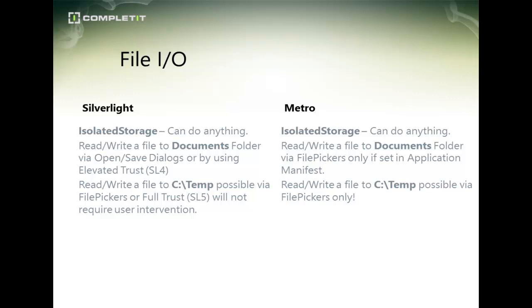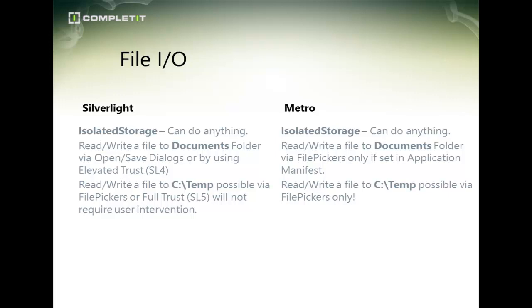In a Metro application, you can read and write a file to the same Documents folder via file pickers, only if set in the application manifest. So before you're able to write a file to that Documents folder, you have to set it inside of the application manifest, which we'll see in just a second here.